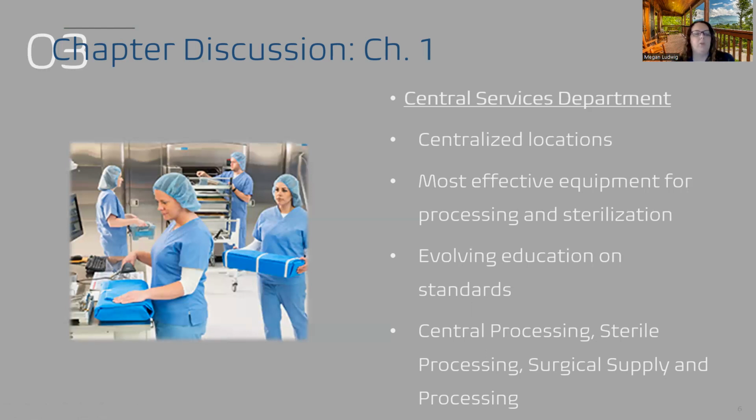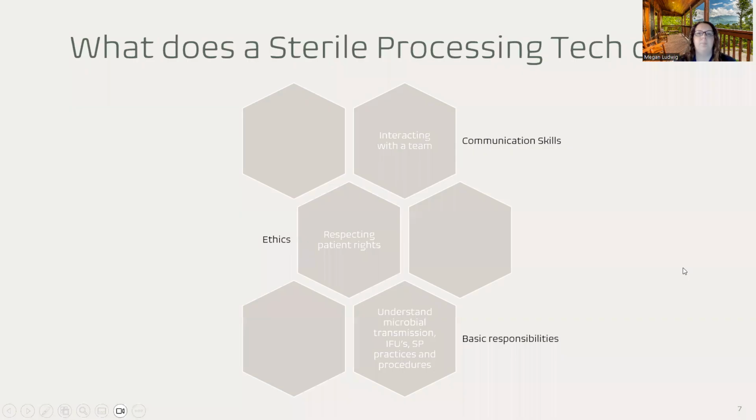You'll learn whatever facility you go to what they call it. So what exactly does a sterile processing tech do? Some of you may already know by now. This is what you want to do. I'm hoping if this is the path that you've chosen, you've probably researched it a little bit, right?